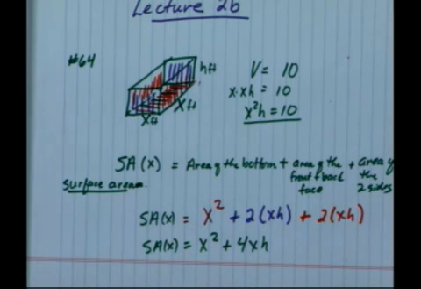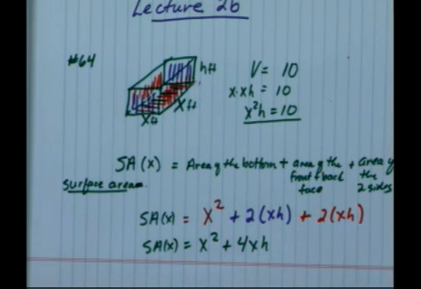All right, let's see if we've answered the question. Express the surface area in terms of x, such that the box is a function of x. Have I expressed surface area as a function of x only? Do you only see x's over here? No, it's got an h in there.